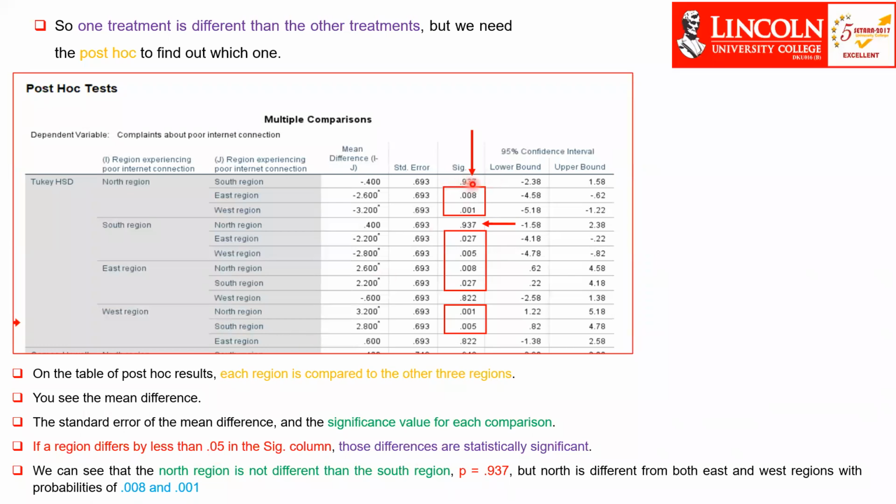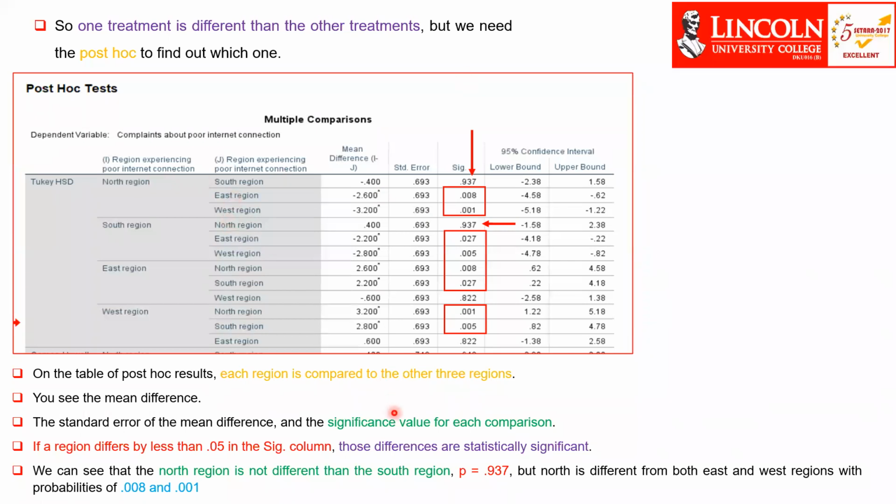So North is not different from South, p equals 0.937. But North is different from both East and West regions, with probabilities of 0.008 and 0.001. So North is different from these two regions, but from South it is not.